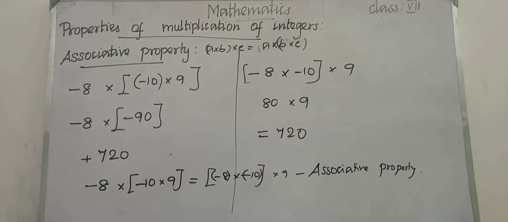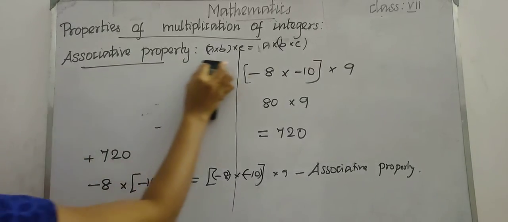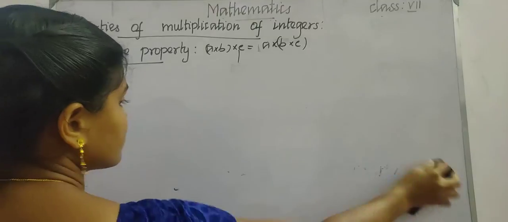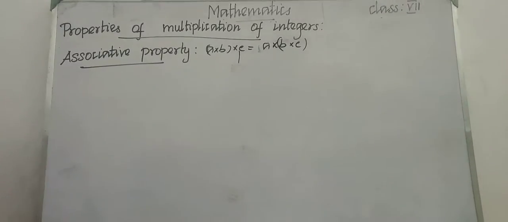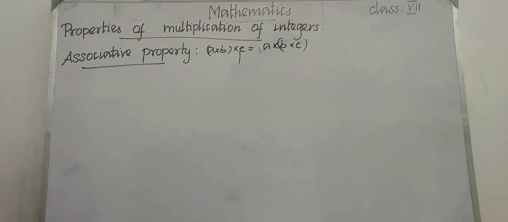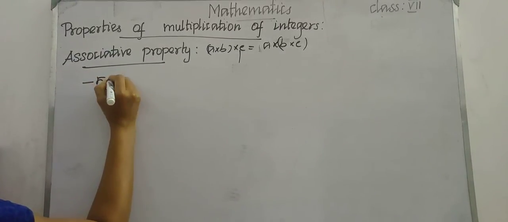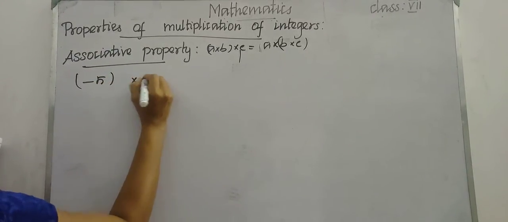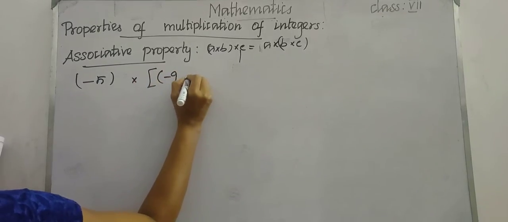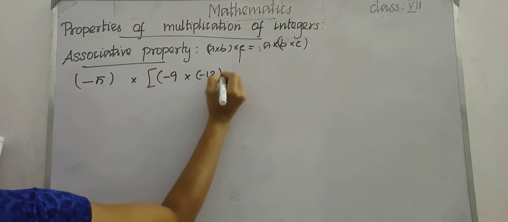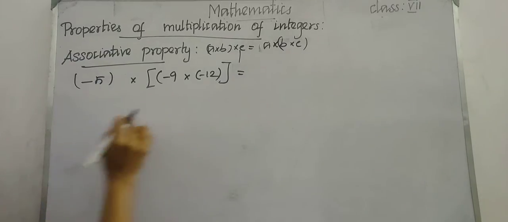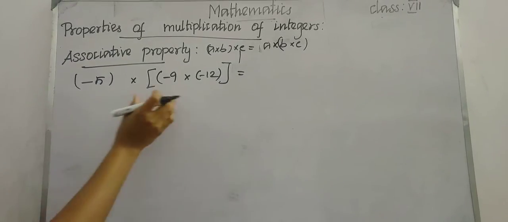Let me show you another example. See, if you are having 5, minus 5 into minus 9 into minus 12, find the answer for this. Let us solve the brackets alone.